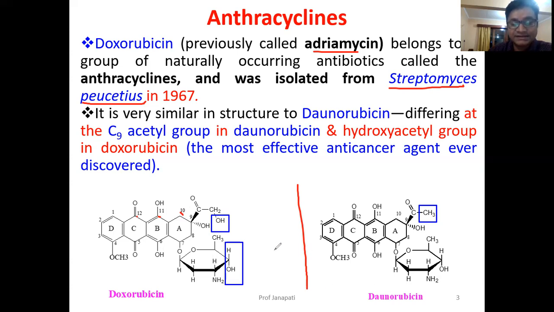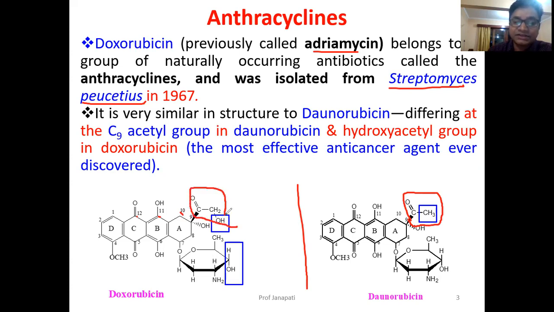Now you can see the structural difference between doxorubicin and daunorubicin. In daunorubicin, at the ninth position, there is an acetyl group, whereas doxorubicin has oxygen. It has a hydroxyacetyl group.